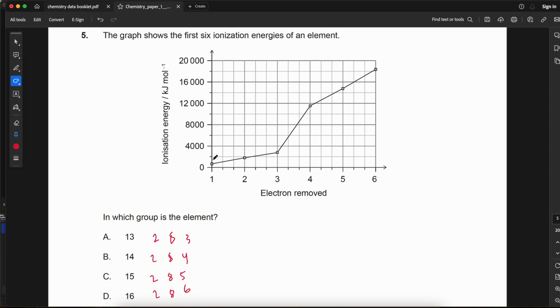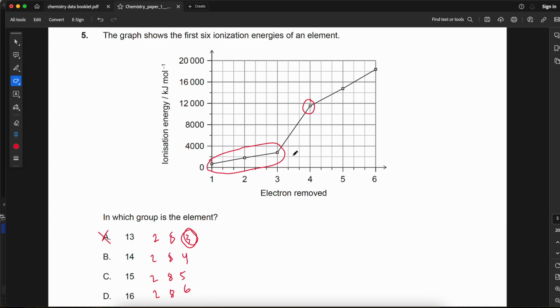As you can see, the first 3 electrons are removed easily because it doesn't need high ionization energy, but then it directly jumps at the 4th one. So this will be removed from the stable structure. So it's A, because the first 3 electrons can be removed easily, but the 4th one cannot.